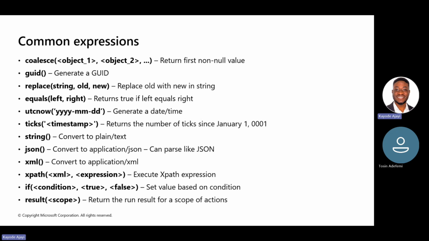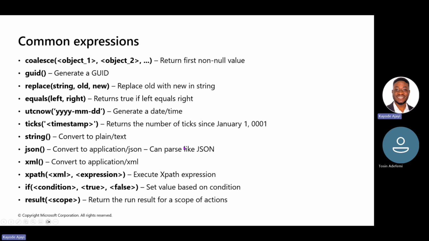Not sure what that's useful for, but it says return the number of ticks since January 1, 2001. I don't know what that is. Then string can convert a number to a text, things like that. We have JSON. If you have a text and you know that it is JSON, you can use the JSON function so that the system understands that you're using it as JSON. And there are different ones. Conditions too is very, very useful.